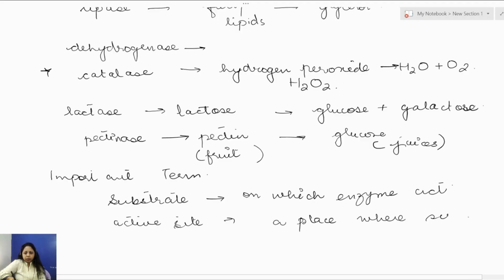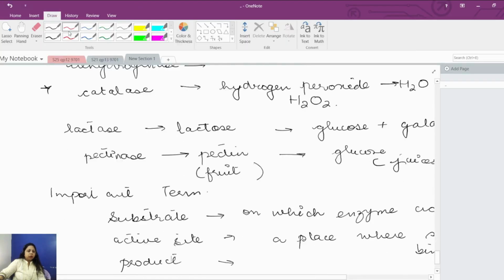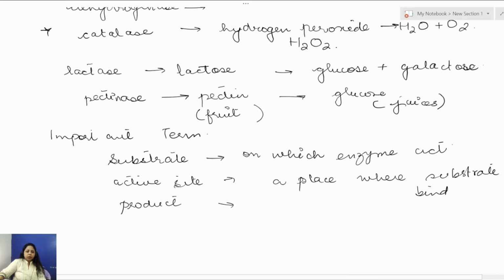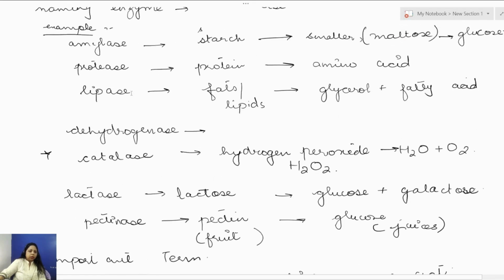What is product? Good. Okay. So we say that the first ones that we have written, these all are enzymes. Okay. These ones are the substrates.